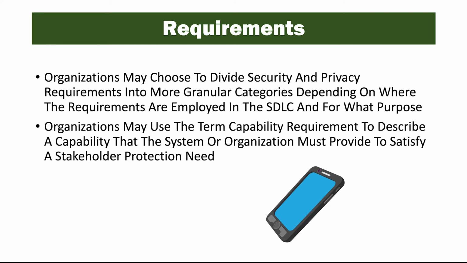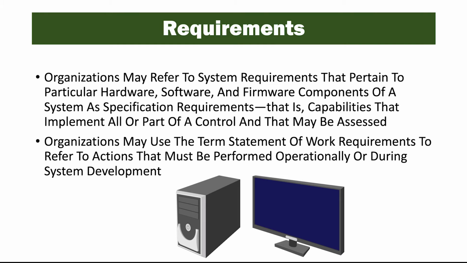So we'll build capabilities into the system based on controls that meet a stakeholder's need for protection. Organizations may refer to system requirements that pertain to particular hardware, software, and firmware components of a system as specification requirements, that is, capabilities that implement all or part of a control that may be assessed.